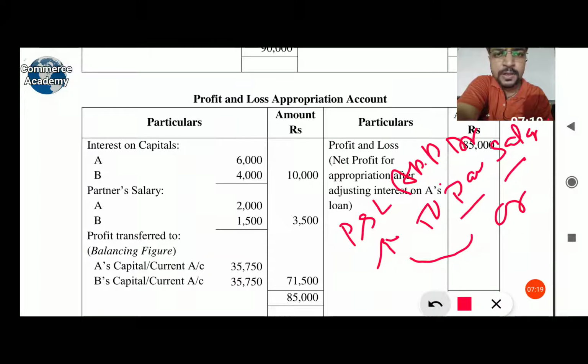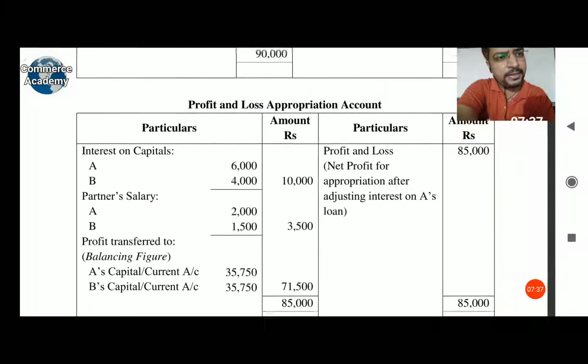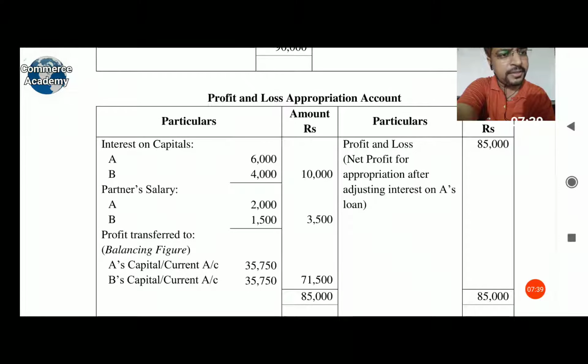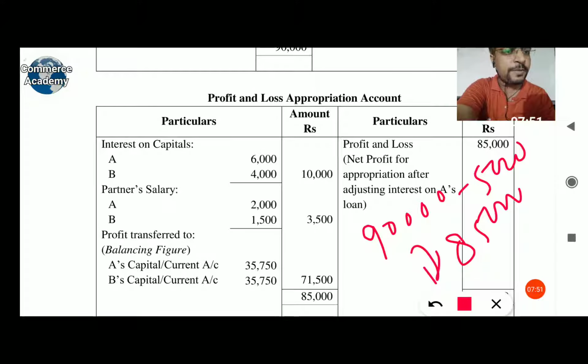Next is the profit and loss account. 85,000 is given because of the 5,000 loan interest; we just consider that we less it from the profit: 90,000 minus 5,000 is 85,000 rupees.